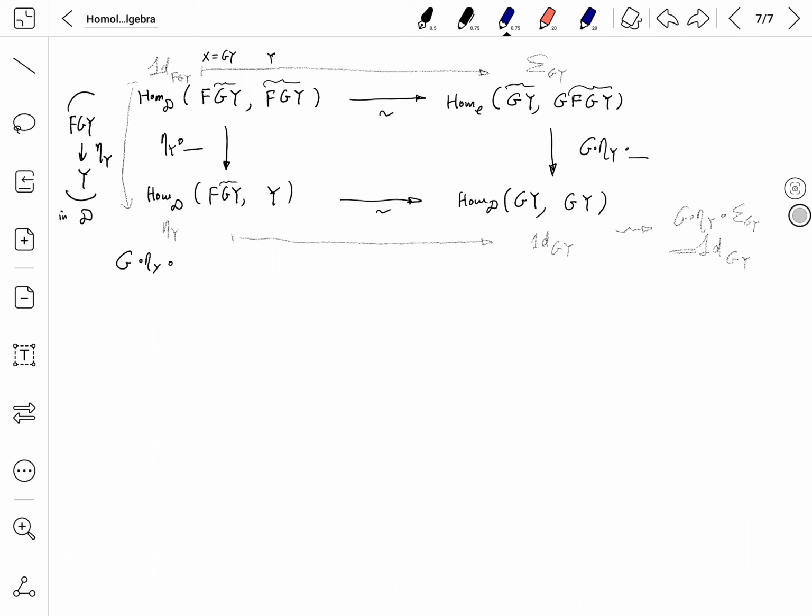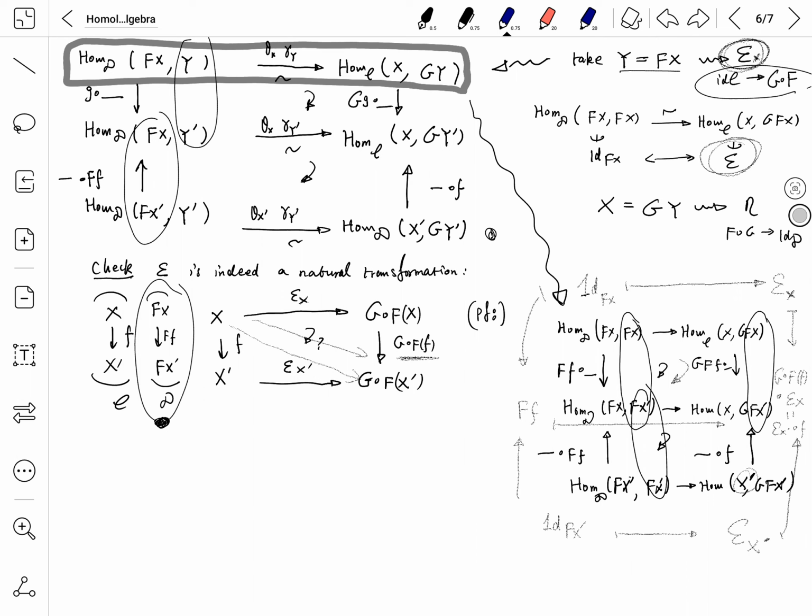A little confusing about the notation. Am I correct to write this G, or should I write this? Also here I'm writing epsilon of x. Epsilon of x is okay because x is the object.